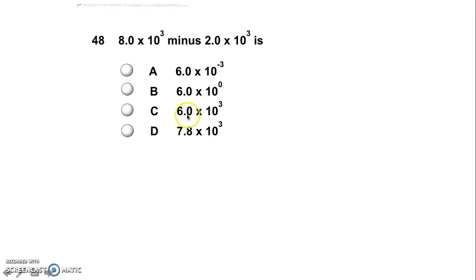All right, now let's try this one. 8.0 times 10 to the third minus 2.0 times 10 to the third. Pause it and try this one. Okay, so I hope that you paused it. So we have 8.0 times 10 to the third minus 2.0 times 10 to the third.